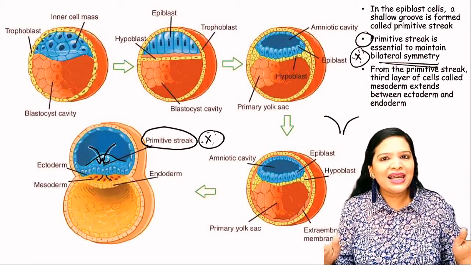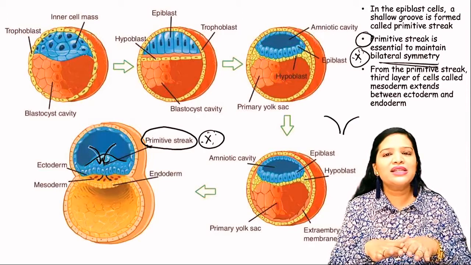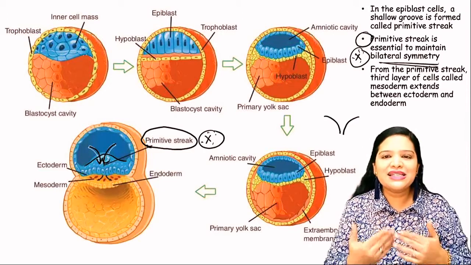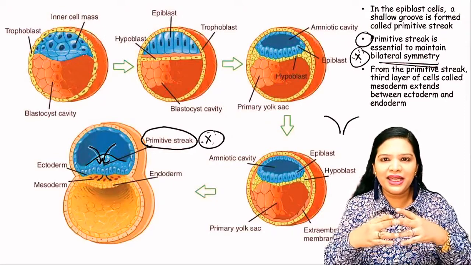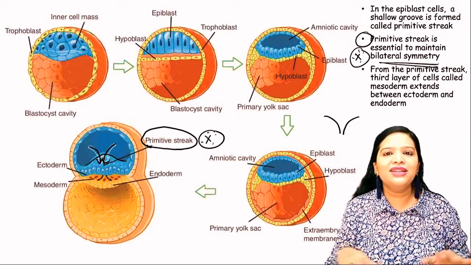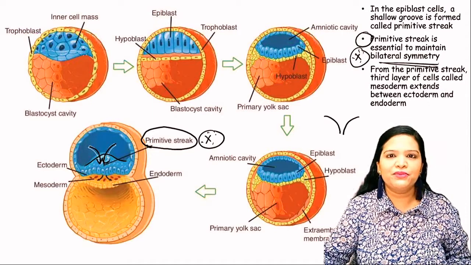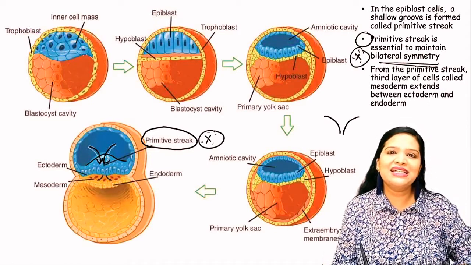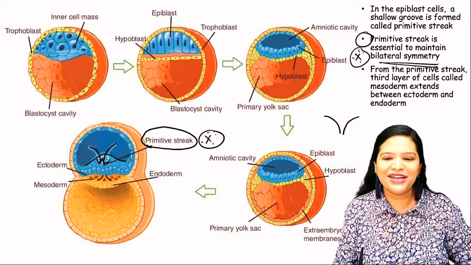This balanced multiplication of the cells occurs because of the primitive streak, because the cells start dividing and are equally distributed on both the right and left side. So to maintain this bilateral symmetry, the primitive streak is important in the growing embryo.